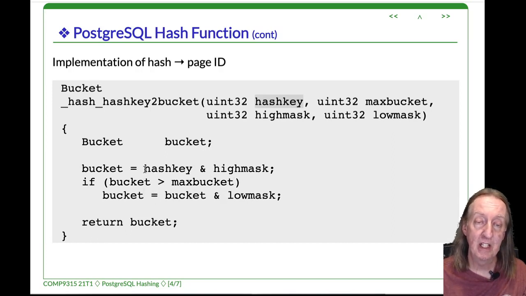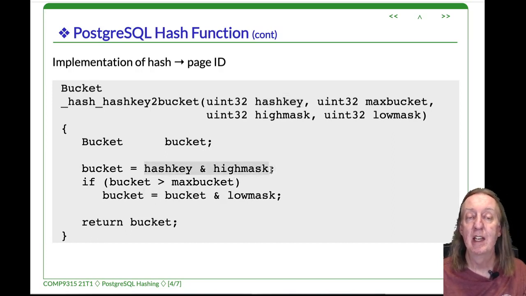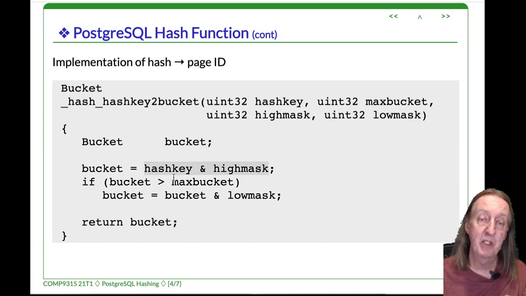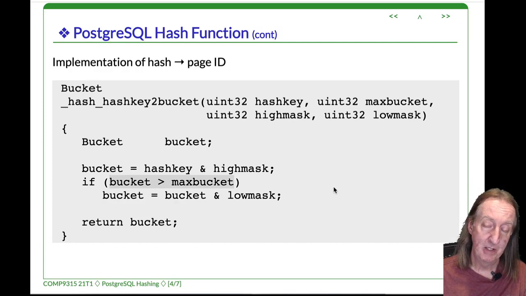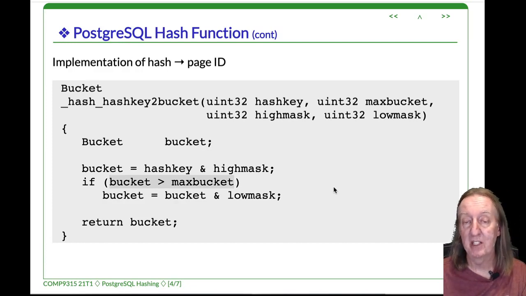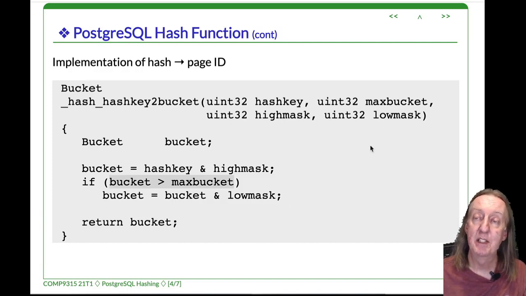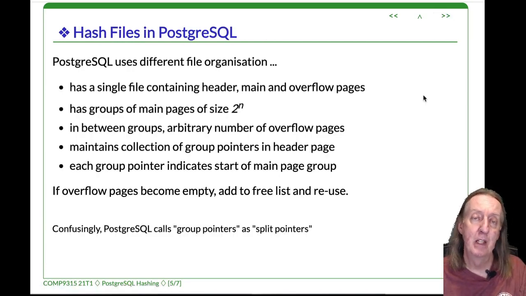This basically takes d+1 bits and performs a mask to give you d+1 bits of the hash key. If it turns out that that value is larger than the size of the file, then it uses one less bit to work out the actual bucket address. So rather than computing d bits and then maybe upping it to d+1 bits if we're less than a split pointer, it does it that way.